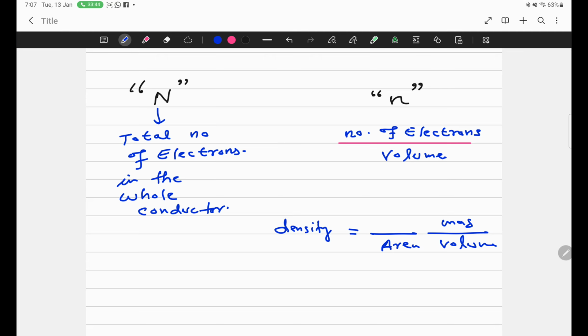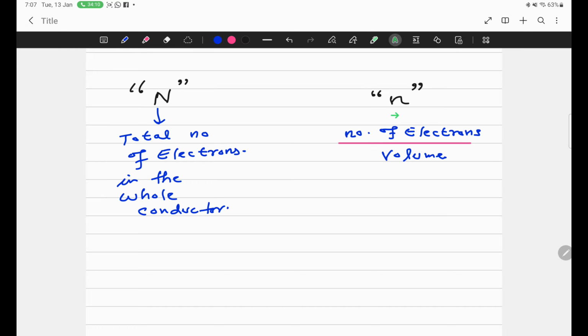If you divide mass by volume, it is called mass density. If you divide charge by volume, it is called charge density. If you divide flux by volume, it is called flux density in A2 level physics. So density means when any physical quantity is divided by volume or divided by area, then it is called density.